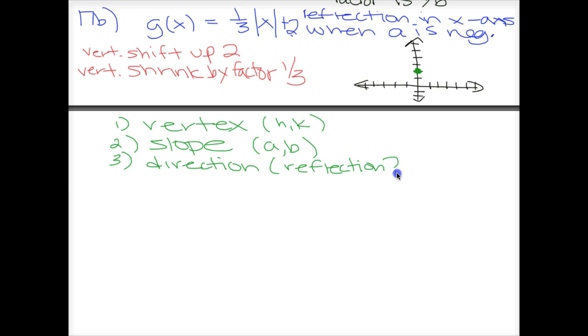In this one, reflection was not a transformation that I listed. So that means this one's going to go up because it's not flipped. So using a slope of 1/3, I go up 1, right 3. Up 1, right 3. Up 1, left 3. Up 1, left 3. And then connect.